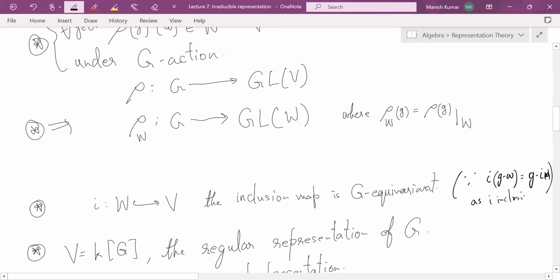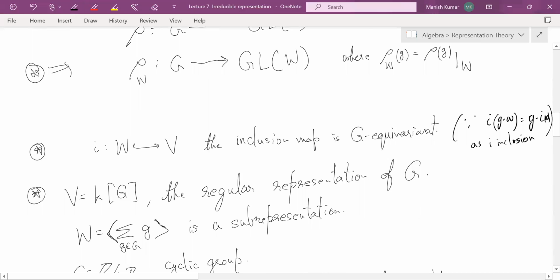That's why I said it's a tautology. So if you include a sub-representation in the ambient representation, it's trivially G equivariant.